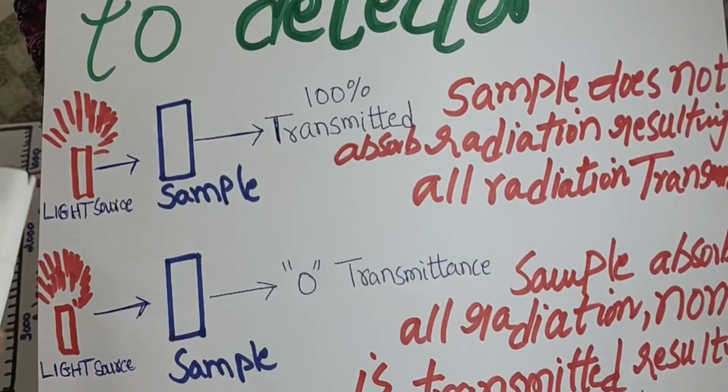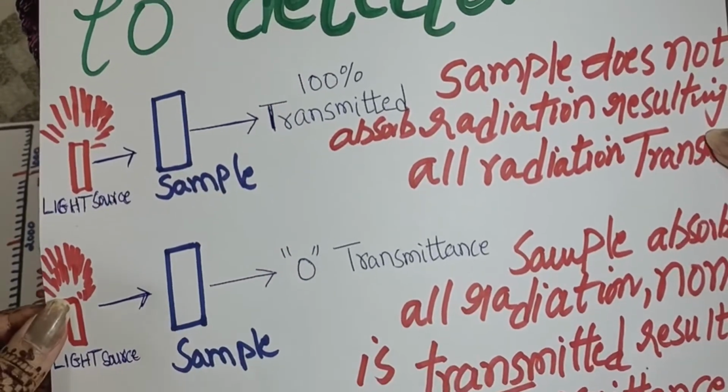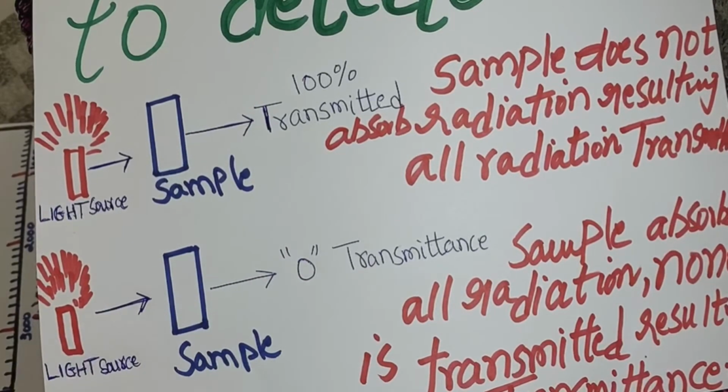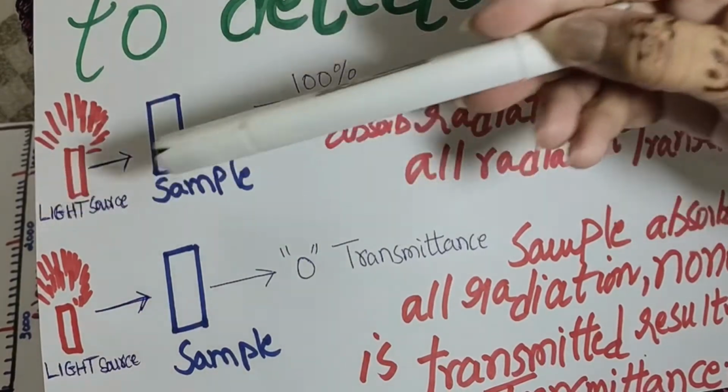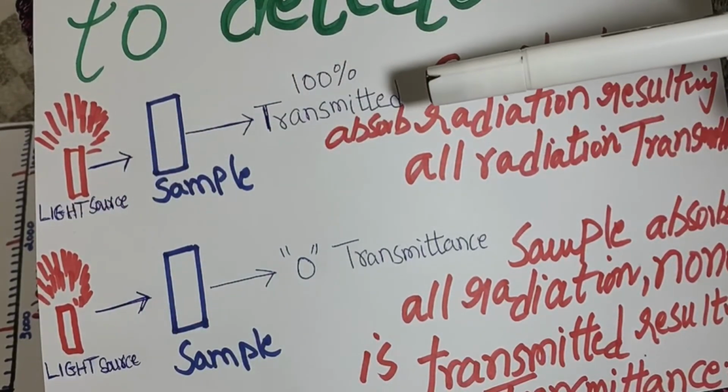Here you can see a light source and a sample. From this example you can follow my concept of the infrared spectrum. What is happening here? You can see a light source, a sample, and an arrow showing that it's 100% transmitted.